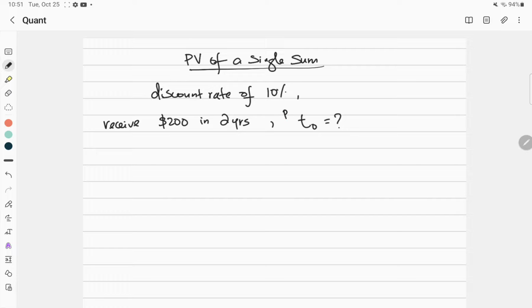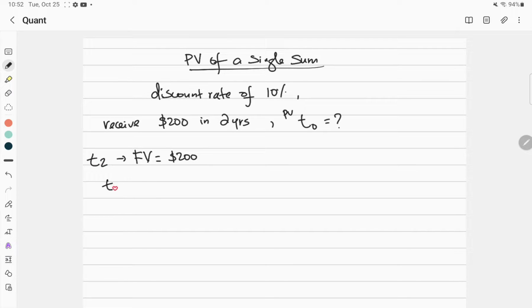The amount of money, the present value, is this: in 2 years you are going to receive $200. That means in 2 years the future value of that investment is $200. This is at time two, 2 years later.